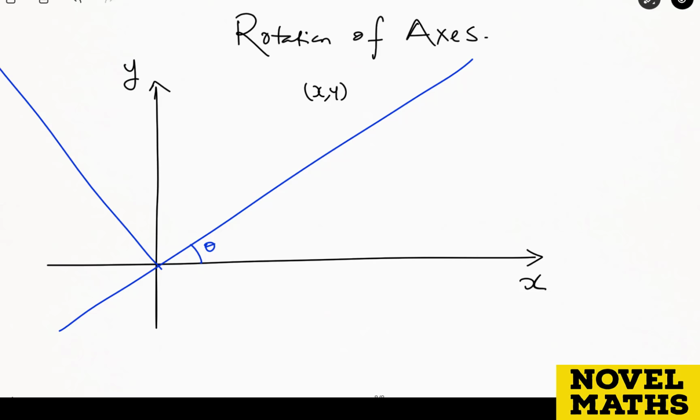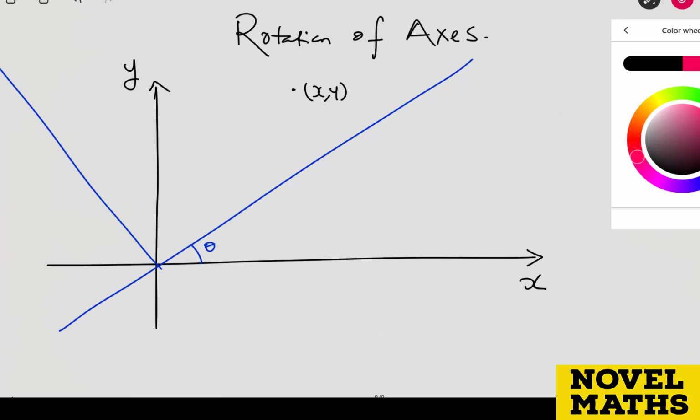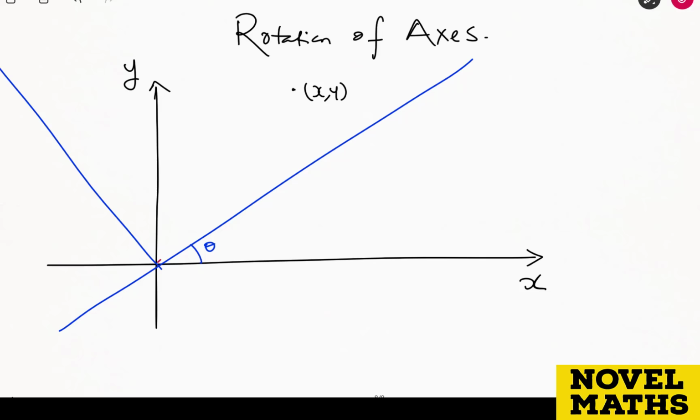So this is theta, and let's say this is the point. Suppose this is r length, and this angle we don't know, but we can define some angle here. Let's define this as alpha.